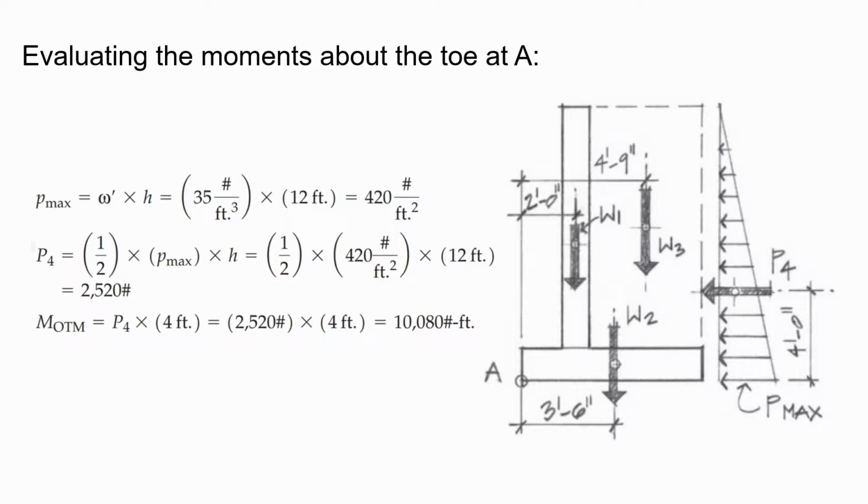That gives us a moment about the toe at A of 2,520 pounds times 4 feet, or 10,080 pounds per feet.